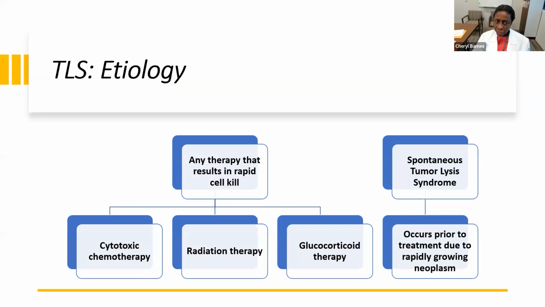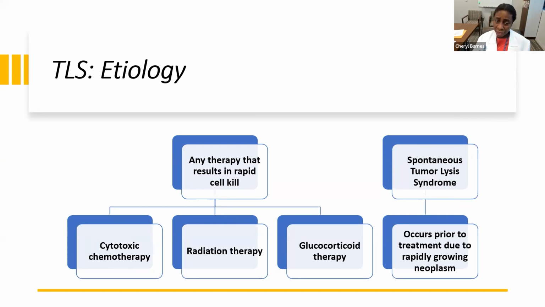So let's talk about the etiology. There are two ways in which you can get tumor lysis. You can get it from the actual therapy, or you can get spontaneous tumor lysis syndrome from the tumor's rapidly dividing cells. We want tumors to respond to treatment and these cells to be rapidly killed.